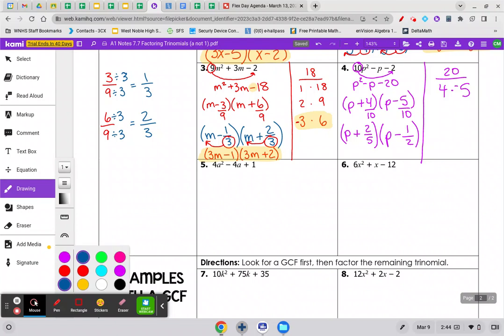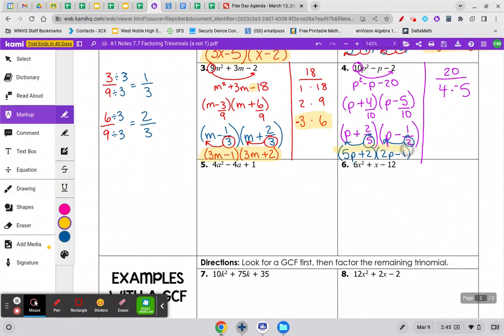Now, I do need to slip my denominator back up. So my final factored form is 5p plus 2, 2p minus 1. And this is my factored form.